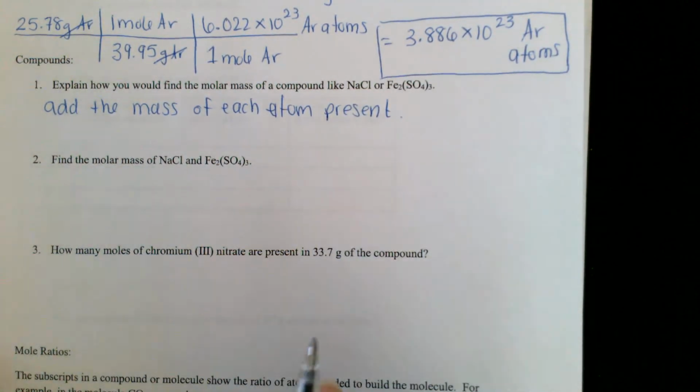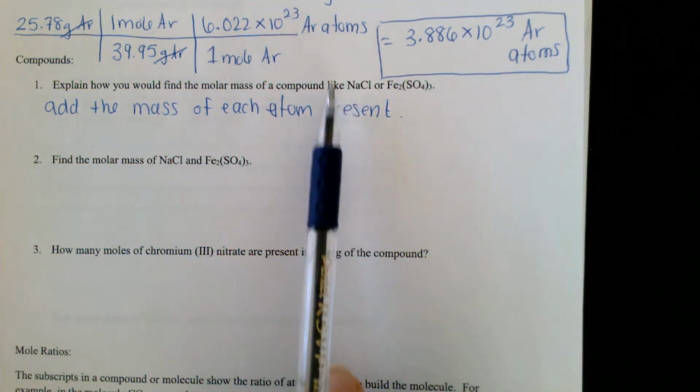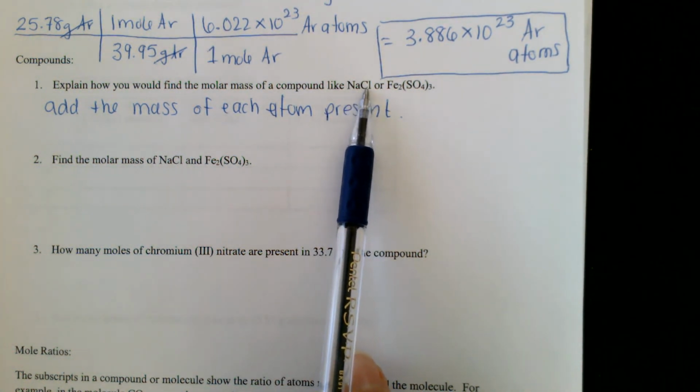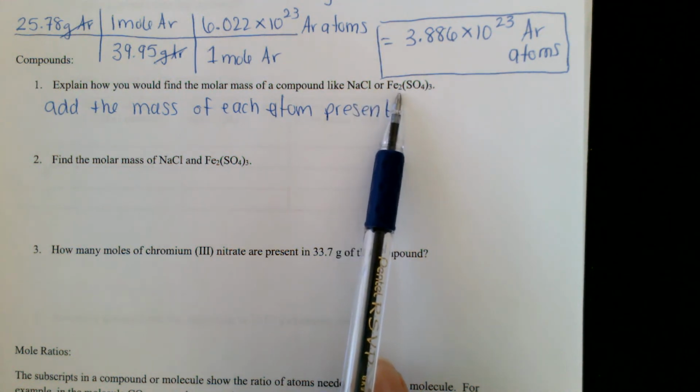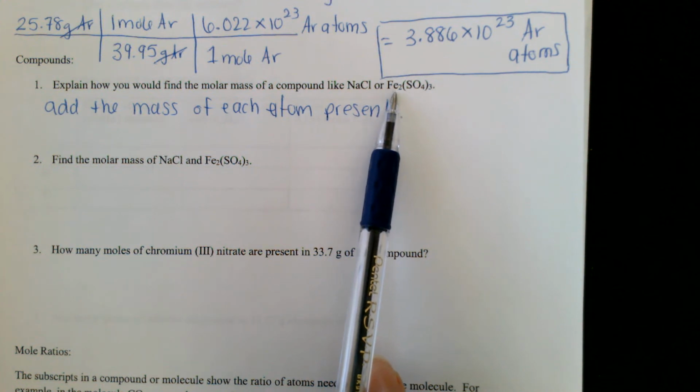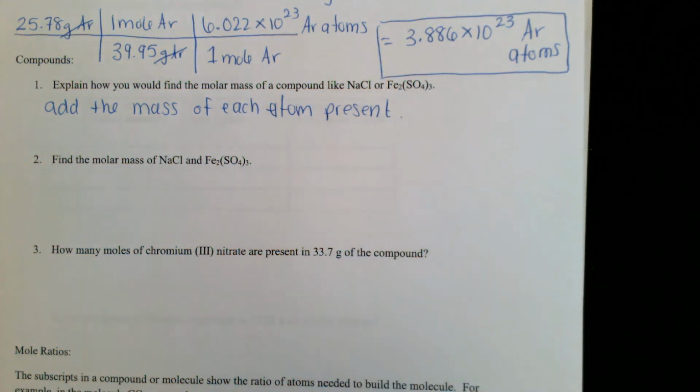And that's all we have to do. If we have a compound like NaCl, we're just going to take the mass of sodium and add it to the mass of chlorine. And for something more complicated like iron(III) sulfate, we're just going to add the mass of every single atom present there to get the mass.